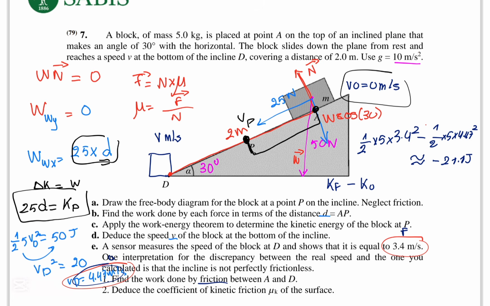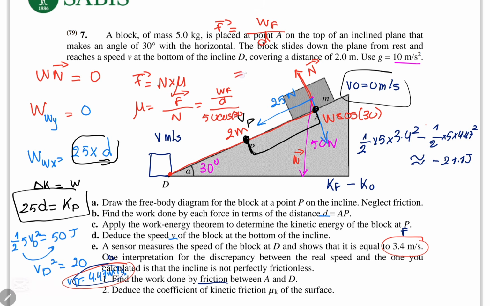And I know that my force F is equal to the work done by friction divided by the distance, because force F times distance is the work done by friction. All of it divided by the weight, which is 50 times cosine 30.